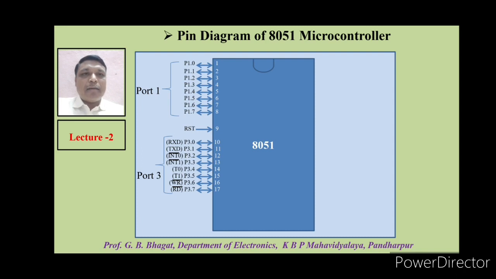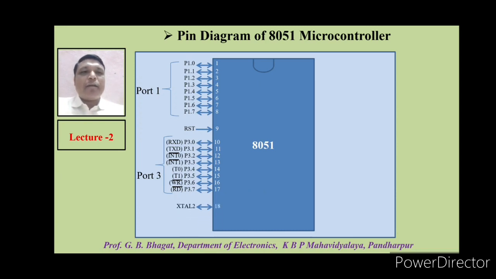For P3.1 the alternate function is serial data transmission, that is TXD. The next P3.2 and P3.3 are assigned for the interrupt functions, that is interrupt 0 and interrupt 1. Then P3.4 and P3.5, these two pins are assigned for timer functions. Then P3.6 is used for write function, and P3.7 is used for read function.